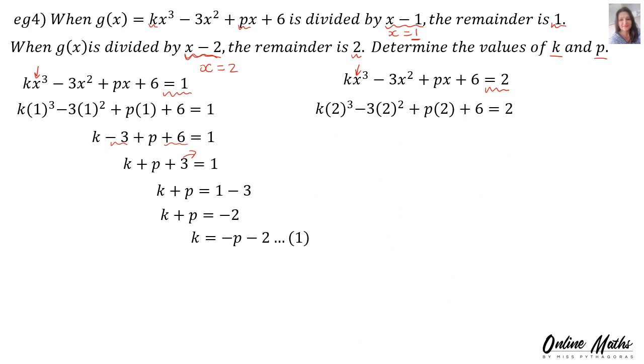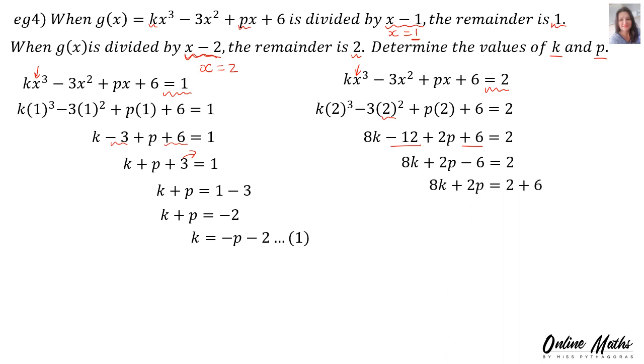Then this becomes 2 to the 3 is 8k, minus 2 squared is 4 times negative 3 is negative 12, plus 2p plus 6 is 2. And then you will say negative 12 plus 6 is negative 6, and then negative 6 will walk across and it becomes plus 6, and on the right hand side 2 plus 6 is 8. Then that is equation number 2, and you give it a name.